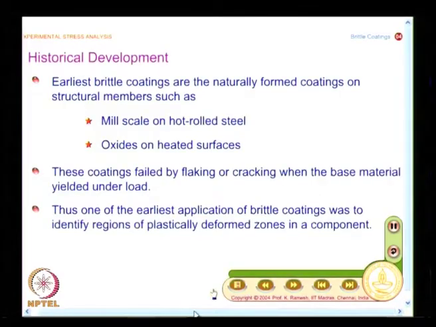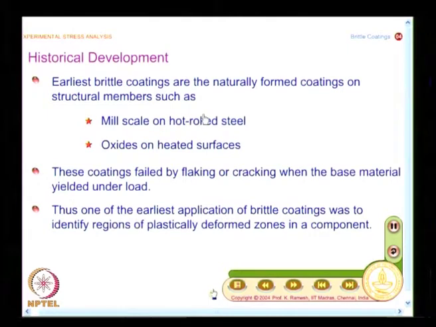Now, we move on to brittle coatings, and we have already had a bird's eye view of what brittle coating is in one of the initial lectures. You know very well that you have a coating that is put on the specimen which is brittle in nature, and this coating is allowed to fail under the application of the load. Then we also looked at what are isostatics and isoentatics.